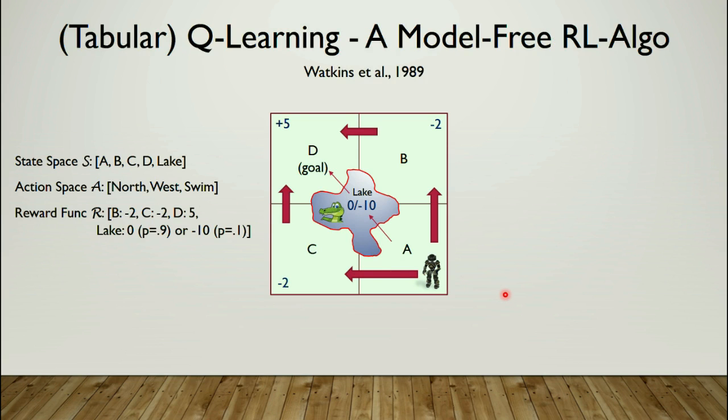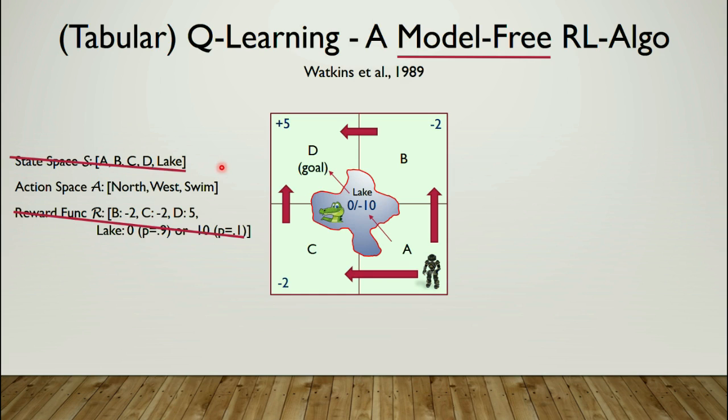So now what we're going to do next is introduce the Q-learning algorithm, which was invented or discovered by Watkins et al. in 1989. And we will see whether this algorithm is able to solve this MDP. Q-learning is a model-free reinforcement learning algorithm, and what that means is that the algorithm does not require any prior knowledge of the MDP model.